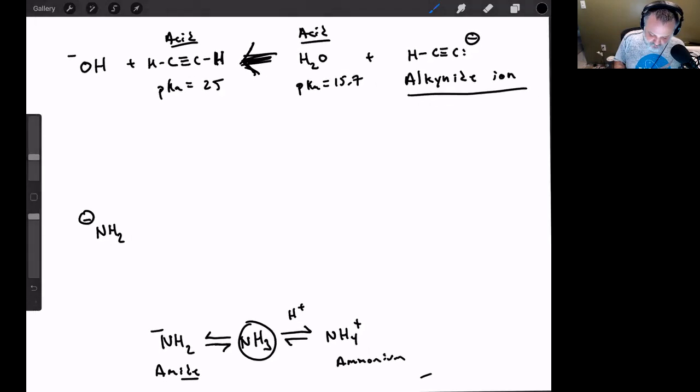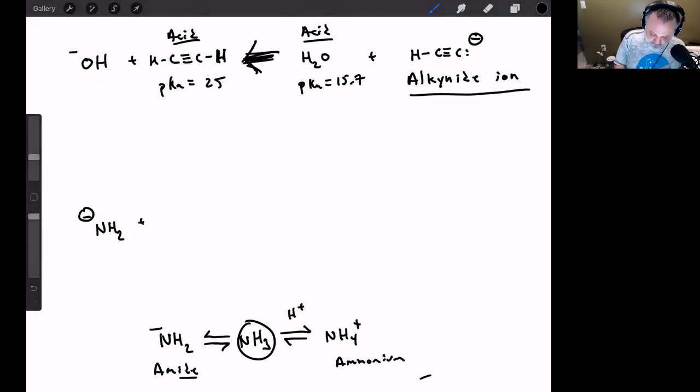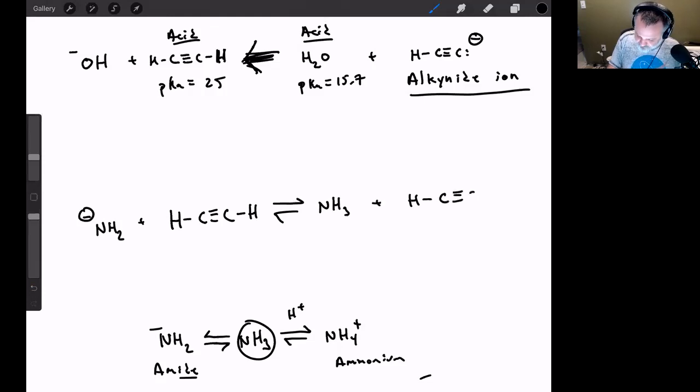And so let's think about how this would work. If I take something like sodium amide and mix it with an alkyne, then I would form ammonia plus the alkynide ion. And now I want to do this example. So this is still the acid. This is now the conjugate acid of the amide ion.